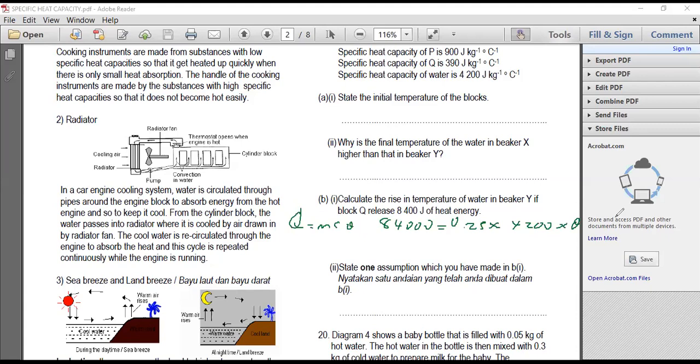So 8,400 divided by 0.25 times 4,200. So 8 degrees Celsius.